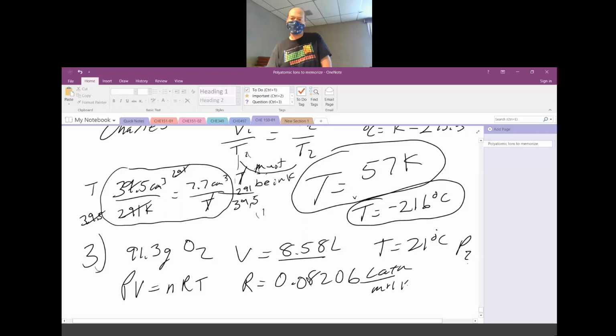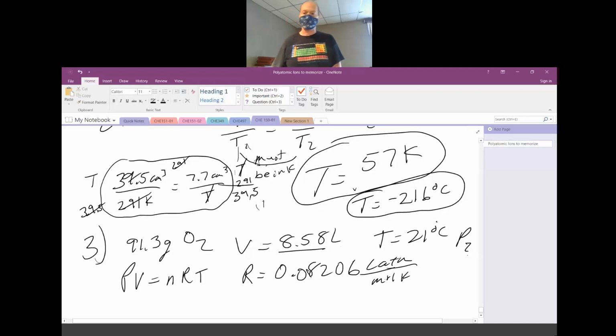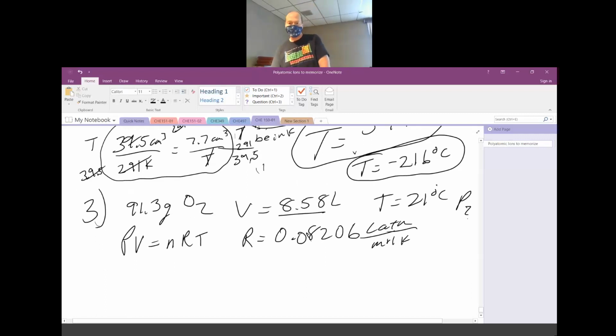If you ever use the wrong R for an equation, you're not given any partial credit. You must know that you're looking at the units. If you see the unit volume that has a liter and you use a joule, you're not going to get any credit. All right, so make sure you know why you're using the R value that you're using. That's liters. That has to match the units in your R value.